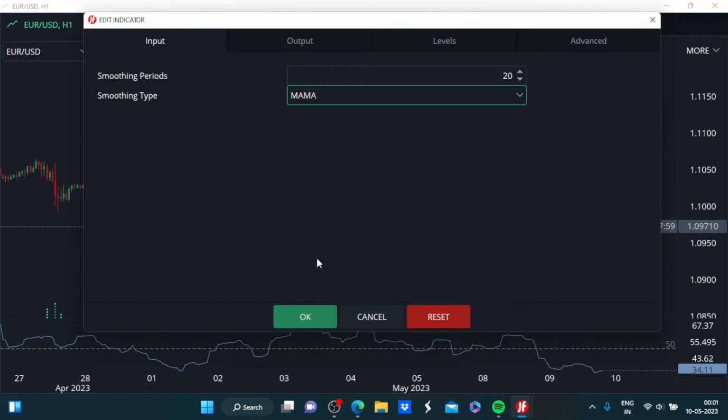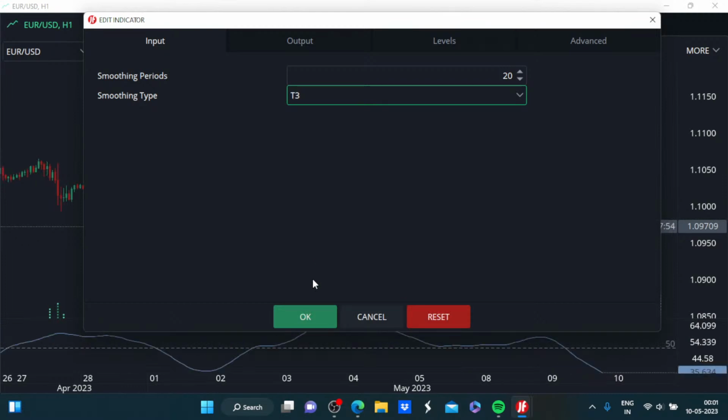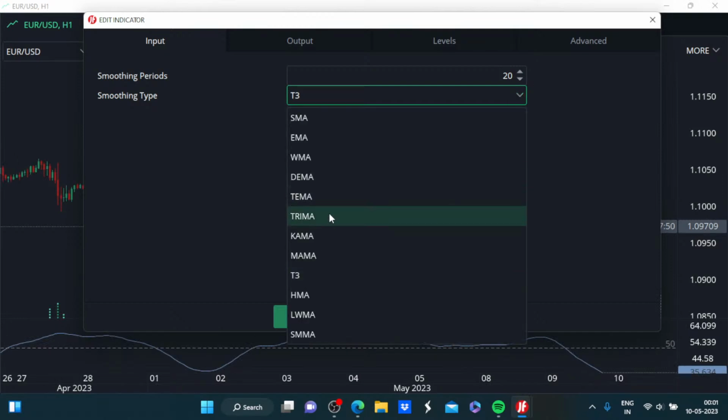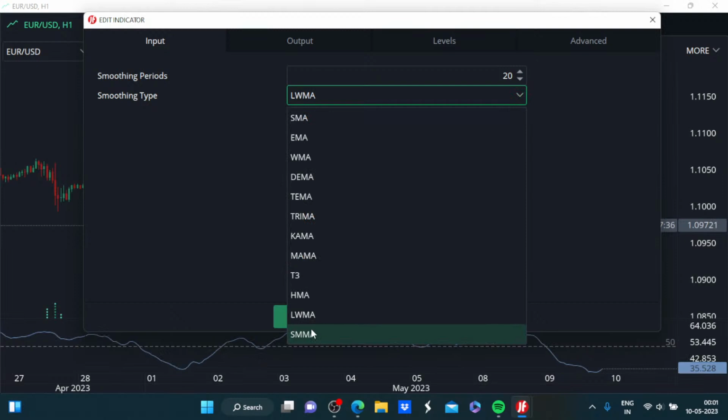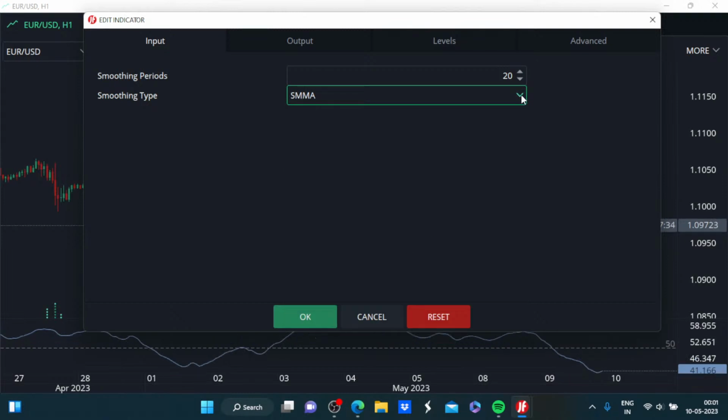If we go over to MAMA or T3, you will see a smooth plotting of the inertia indicator. Of course, the direction is more or less going to remain similar, but the smoothing is going to vary. LWMA, SMMA, smoothing period is 20.